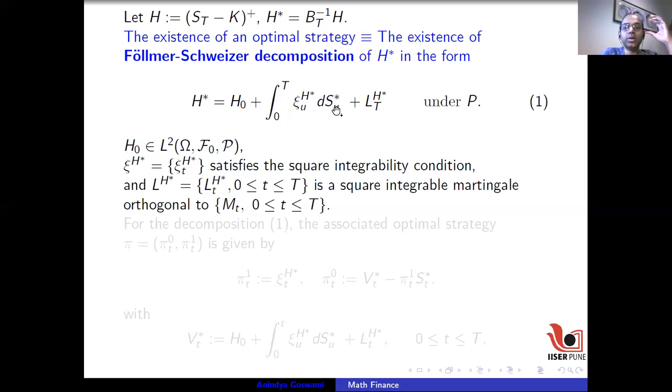Need not be. However, this type of thing is not so uncommon. You have possibly seen the Kunita-Watanabe decomposition. That also basically says how to decompose into orthogonal parts. The only thing is that in the Kunita-Watanabe decomposition you take a martingale, but here S star is not a martingale. S star is a semimartingale, correct?